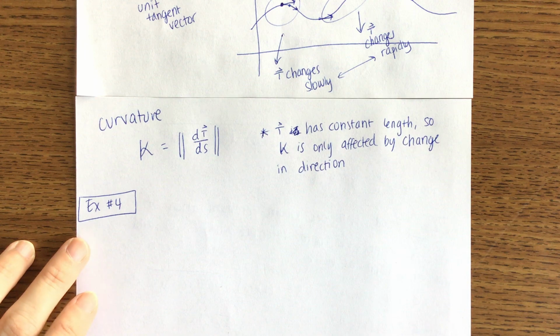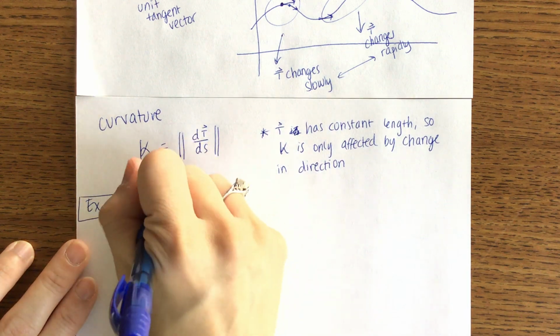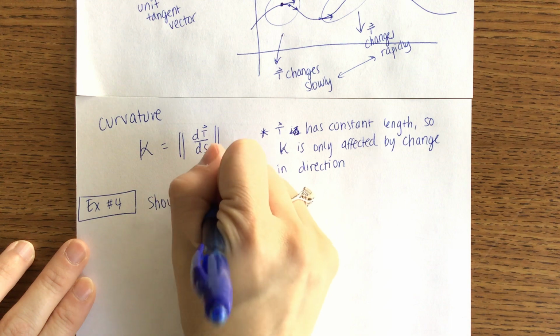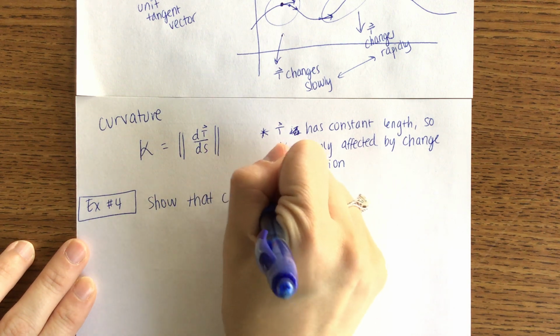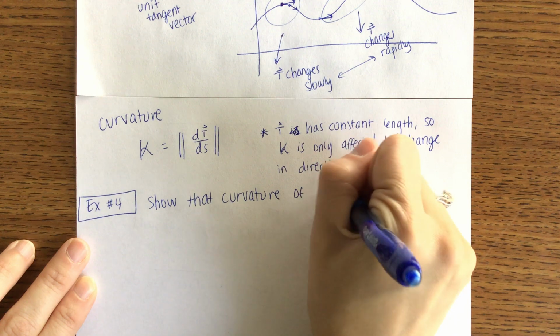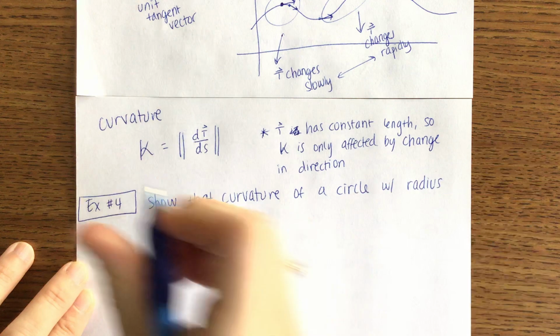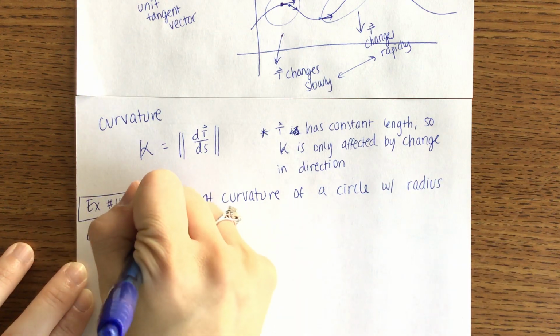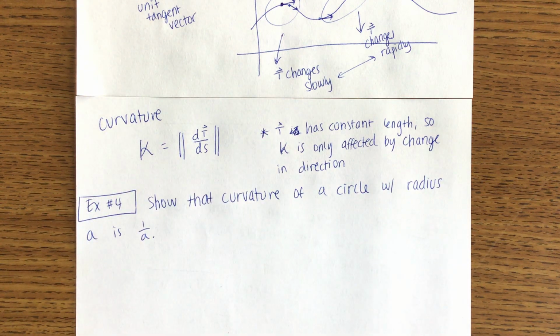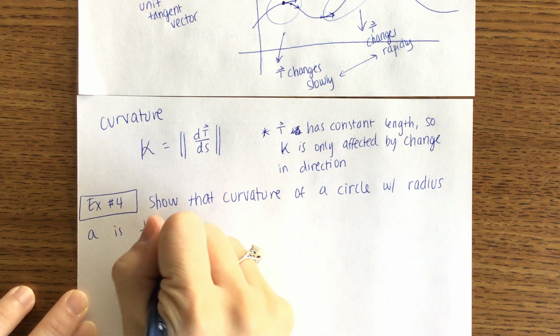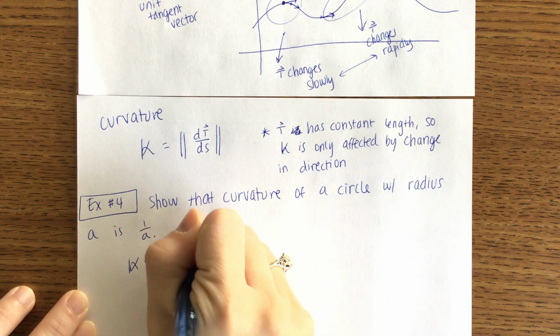So here's an example of how you might see calculating curvature. Show that the curvature of a circle with a radius of a, show that that curvature is 1 over a. Okay, so ultimately the curvature is going to be the norm of dT/ds.